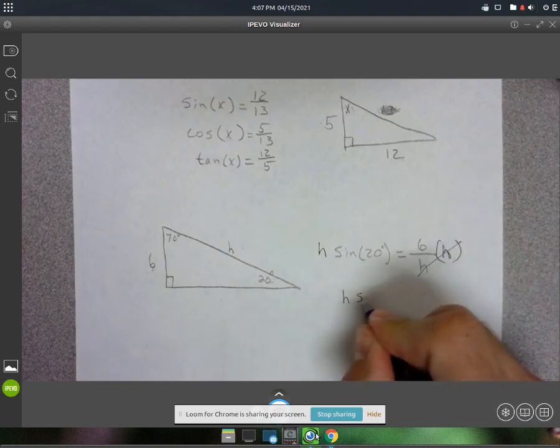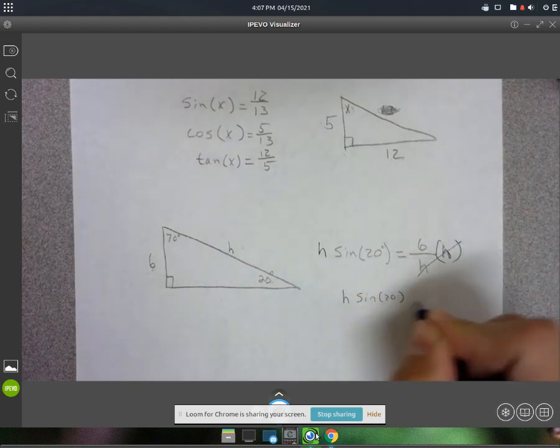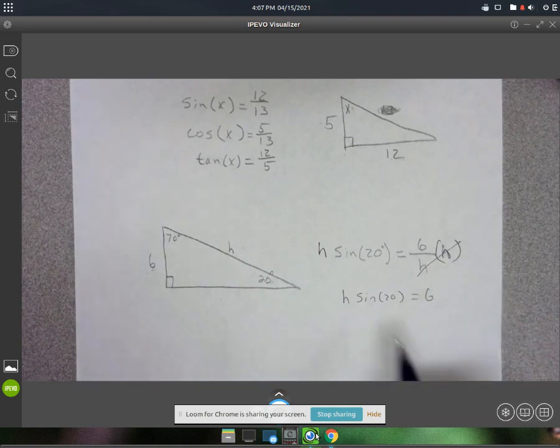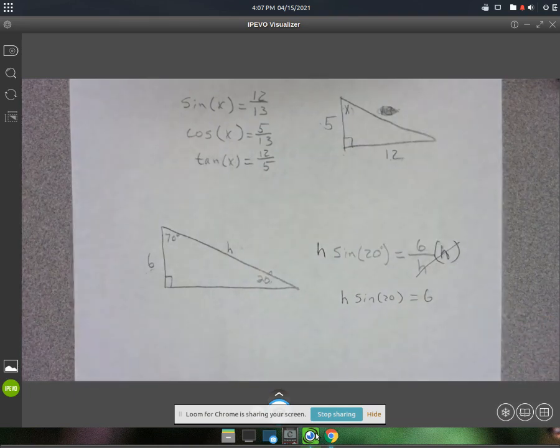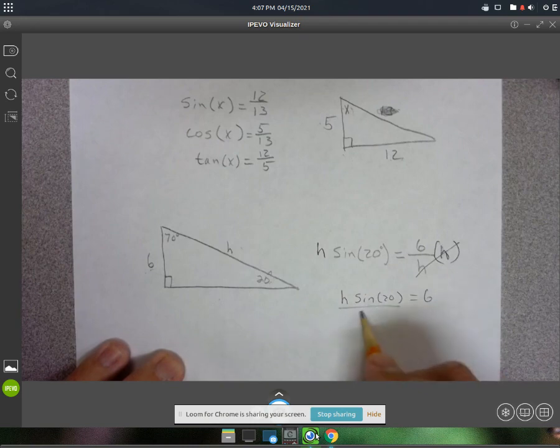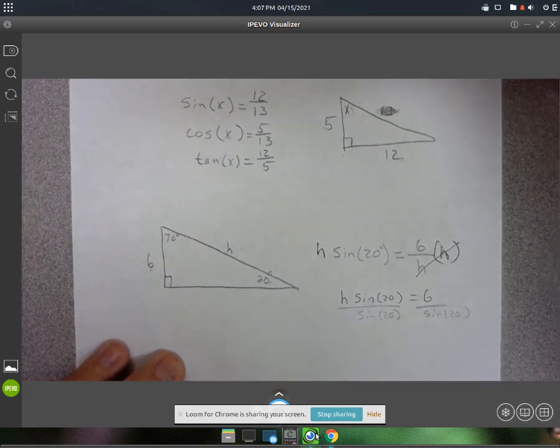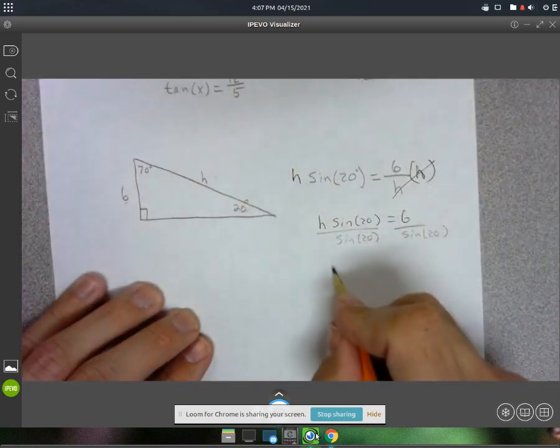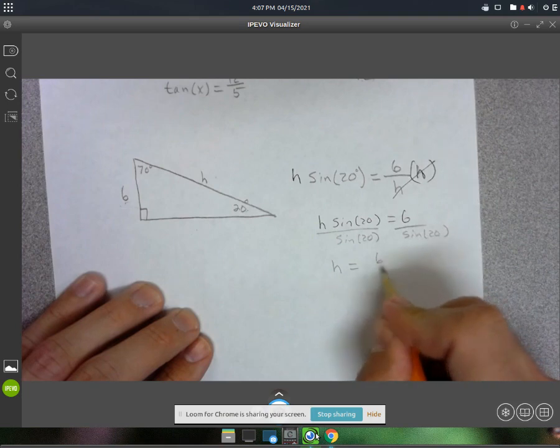I get h sine of 20 is equal to 6. And then I would divide by sine of 20. So I would get h is equal to 6 divided by the sine of 20.